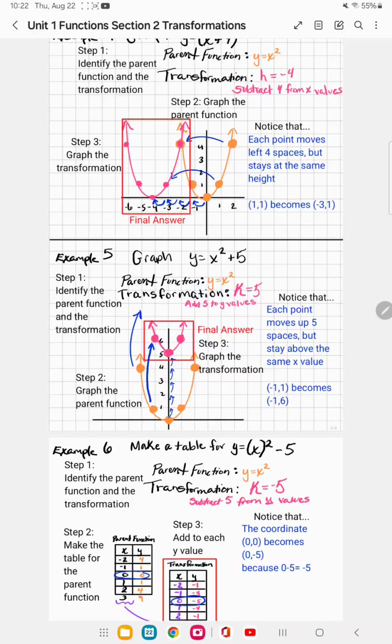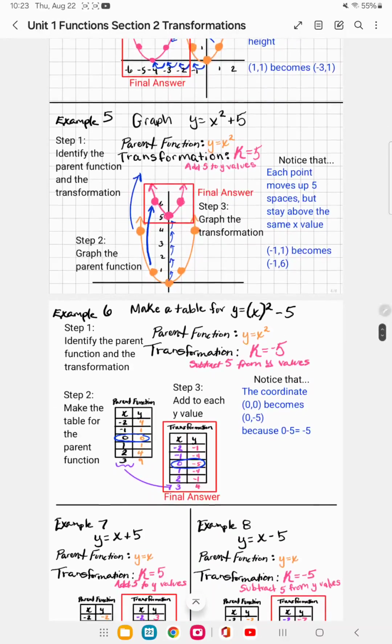It would be somewhere up here. There's just no room for it. So you can see how this point goes up to that point, but it stays above the same x value. So (-1, 1) becomes (-1, 6). And then we have our final answer here, just with the points plotted up there that you can't see.